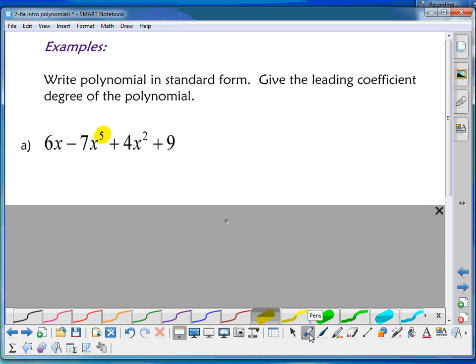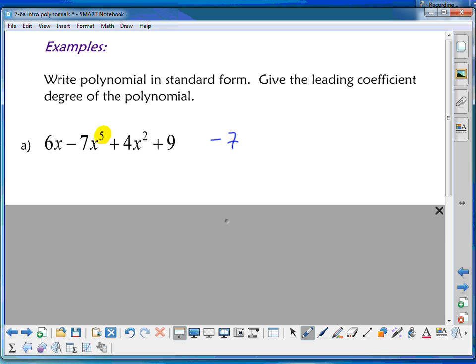So that's going to be my first term. And remember that negative sign goes with the 7. So my leading term in this case is negative. And what's going to come after the 5th power? Who's next? The 4x squared, yeah. And then we have a positive 6x and a positive 9. So the leading coefficient for that one is equal to negative 7, and the degree is equal to 5.